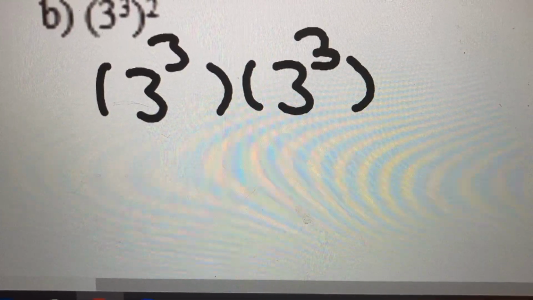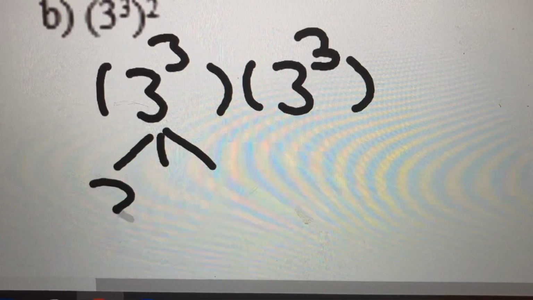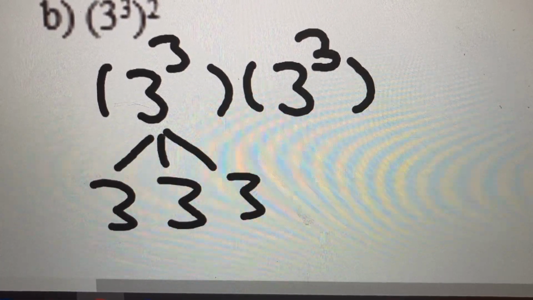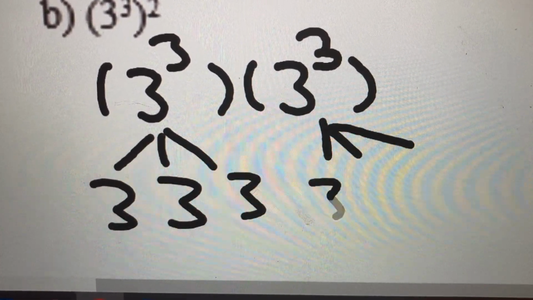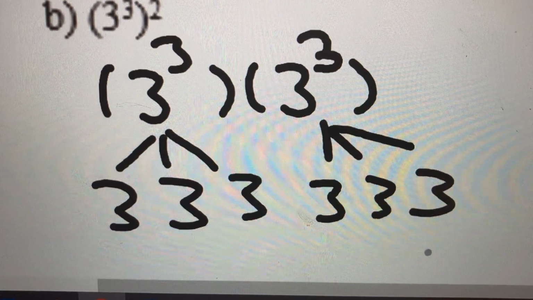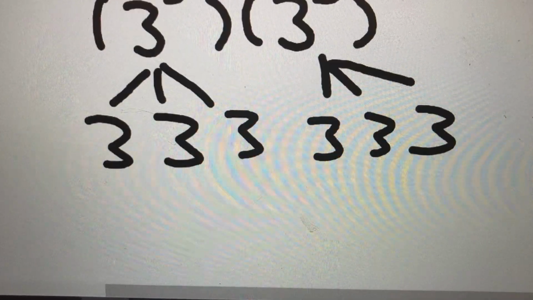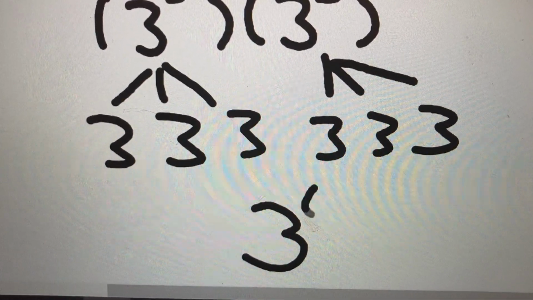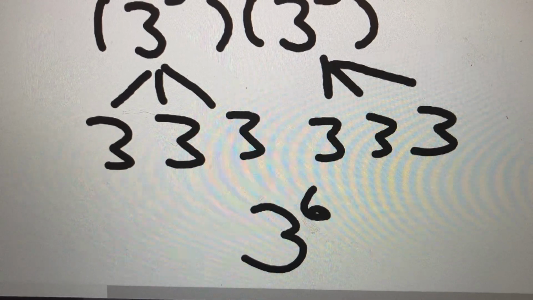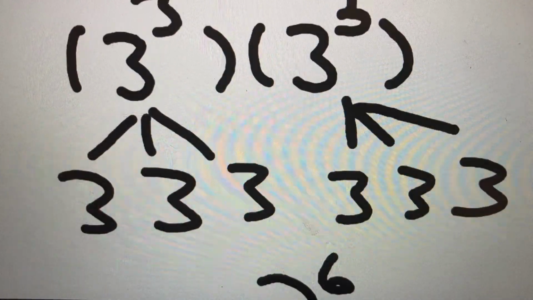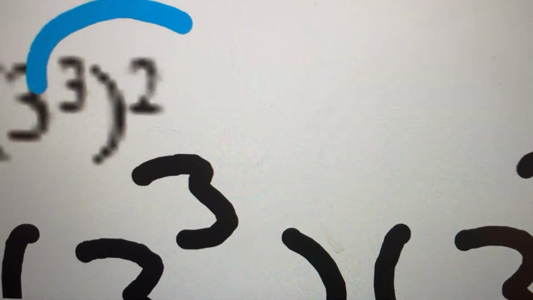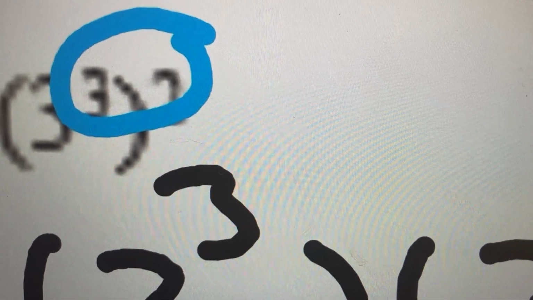And each one of these is 3 3s. So that's a grand total of 6 3s multiplied together, 3 to the 6th power. Again, I could have gotten that by just multiplying my 2 exponents. 3 times 2 would have gotten me the 6 right away.